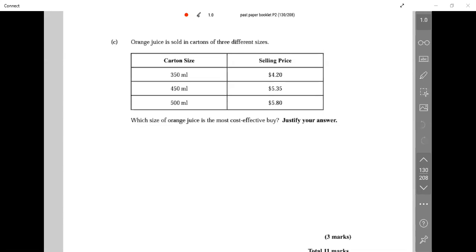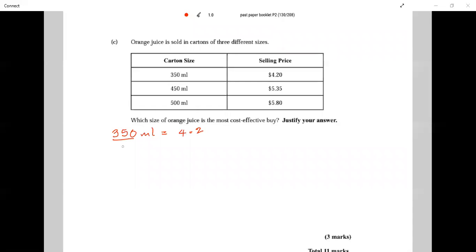It is very easy to compare the price of, let us say, 10 milliliters, so we can do that. So, for example, 350 milliliters costs $4.20.